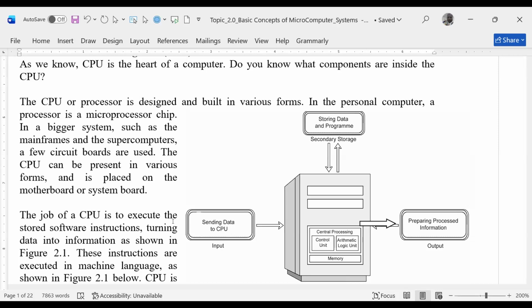The job of the CPU is to execute instructions, or software instructions. When you switch off your machine, software like Word and Windows is all saved on your storage device like the hard disk.